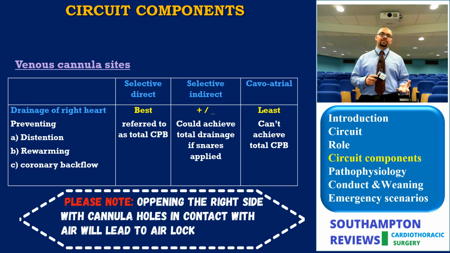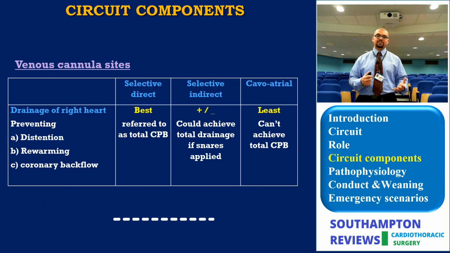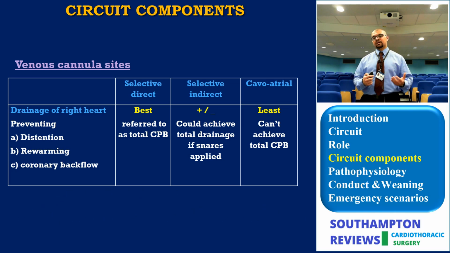If you are not opening the right side, however, you will benefit from an empty right side, for instance, in turning the heart around or approaching the left atrium, and you need to turn the heart without the issue of kinking the venous cannula and hence obscuring the venous return. You might consider the indirect bicaval cannulation. If you are not accessing the right side, if you don't want to reach the left atrium, for instance, in CABGs, AVRs, you might consider cavoatrial cannulation.